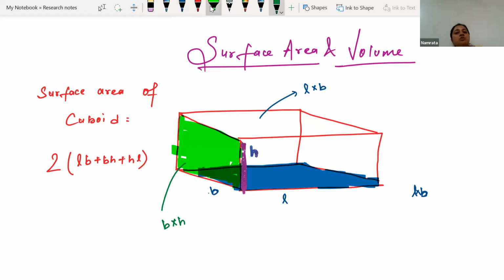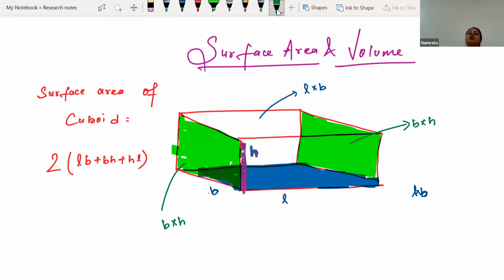Similarly, on the other end you will have the same green rectangle like this one, and its area will be exactly the same as this green rectangle's area, and that will also give you the area as B into H, because here we have to take the height into consideration as well. So this will also have the area B times H. Now, what about the front portion and the back portion?